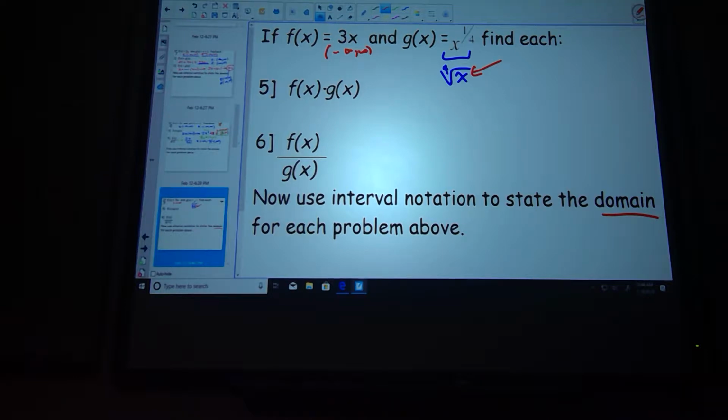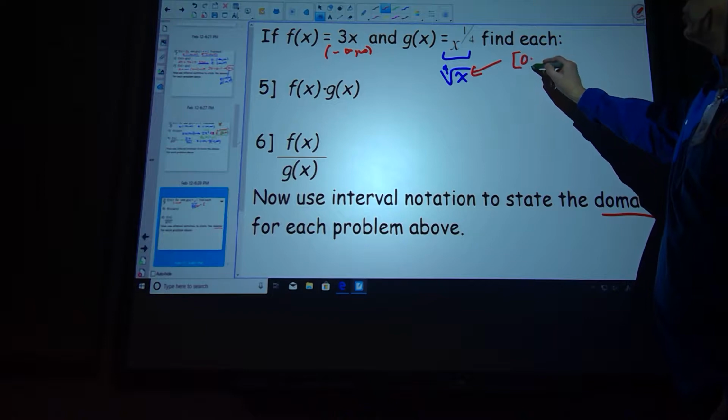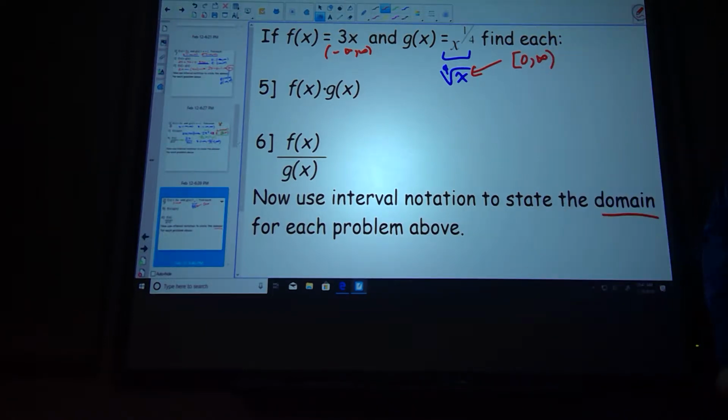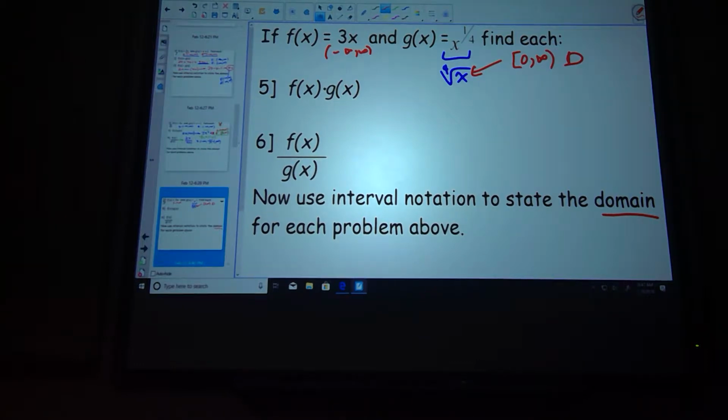Can I have the 4th root of a negative? No. Can I have the 3rd root of a negative? Yeah, so 3rd root's not restricted. 4th root's restricted. So I can have my domain here 0 to infinity. So that's my domain. So my domain is restricted on the second problem, so my entire problem has to be restricted.